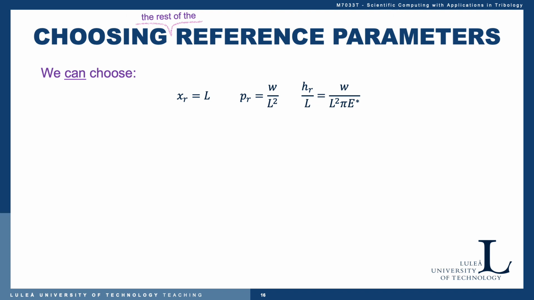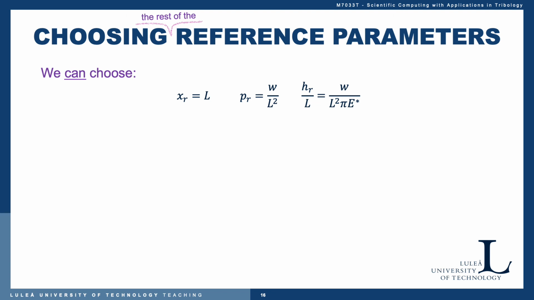We can choose the ratio between the reference parameter for the gap and this length parameter as the ratio between the load divided by the length parameter squared times pi times the reduced elastic modulus.